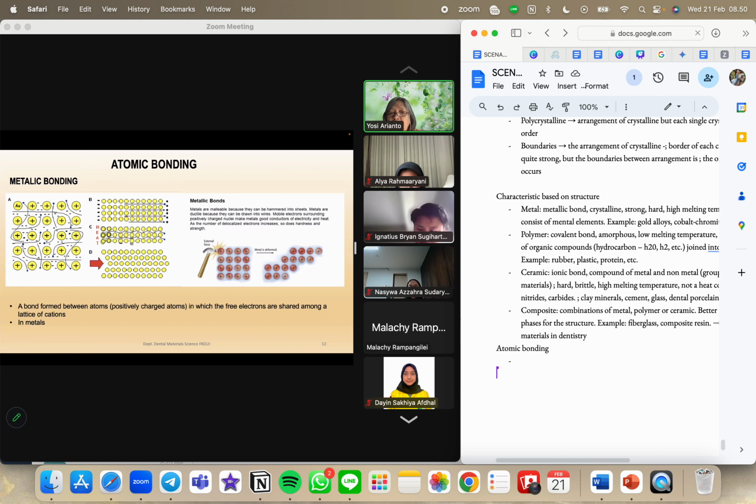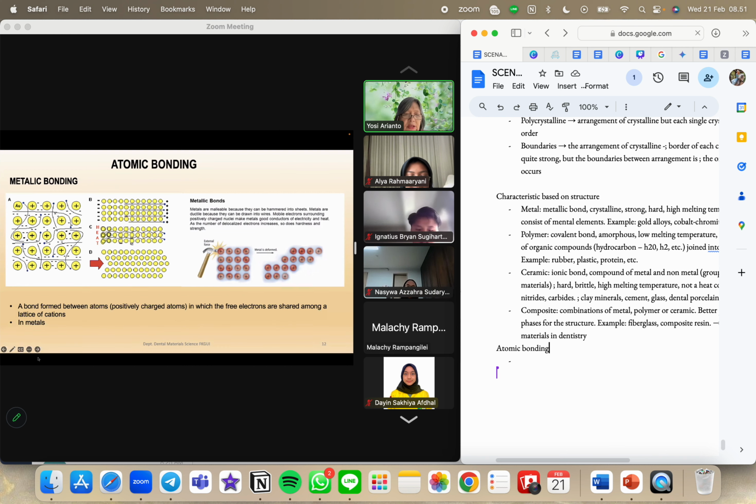Metals are also ductile because they can be drawn into wires. So the mobile electrons surrounding positively charged nuclei make metals good conductors of electricity and heat. As the number of delocalized electrons increases, so does hardness and strength. If metal is deformed, they still have the same arrangements or bonding between each atom. Okay.